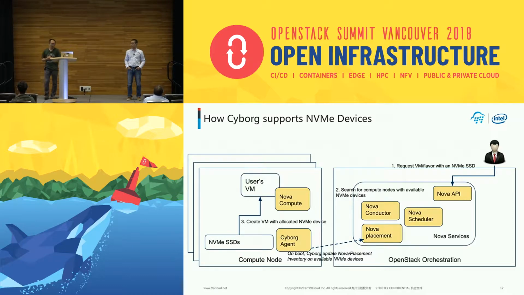Then the Nova API will talk with the Nova scheduler and Nova conductor to search for the compute node with available NVMe devices.